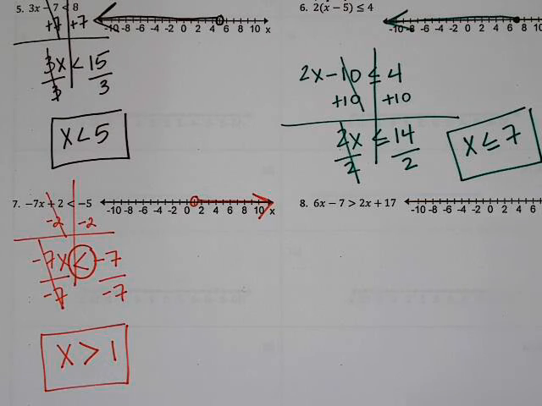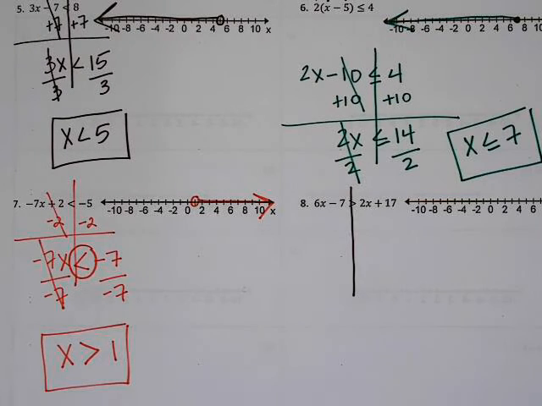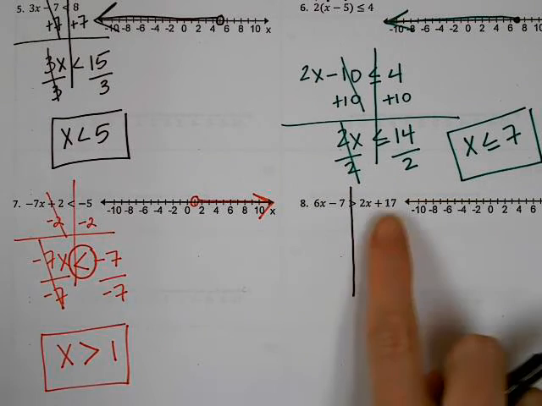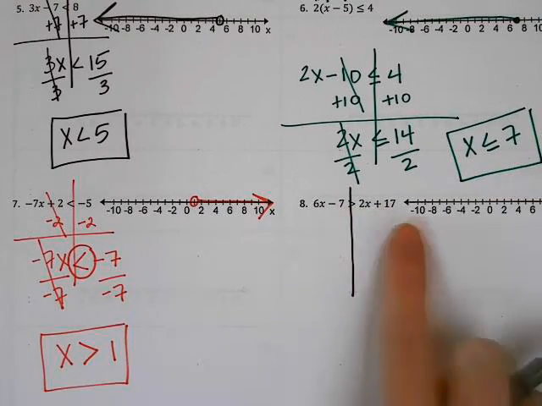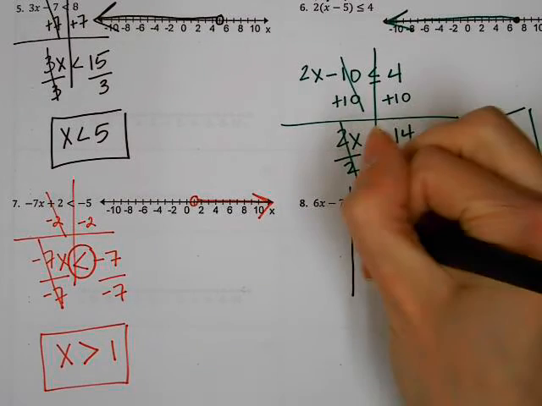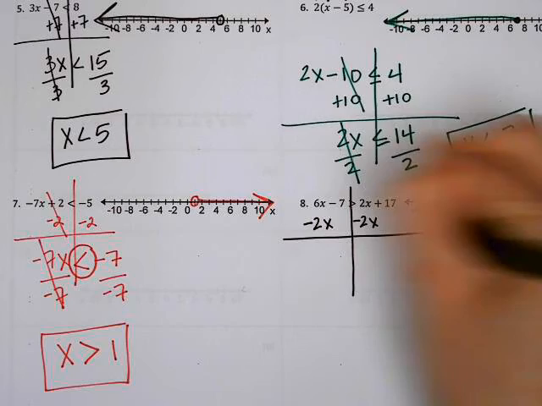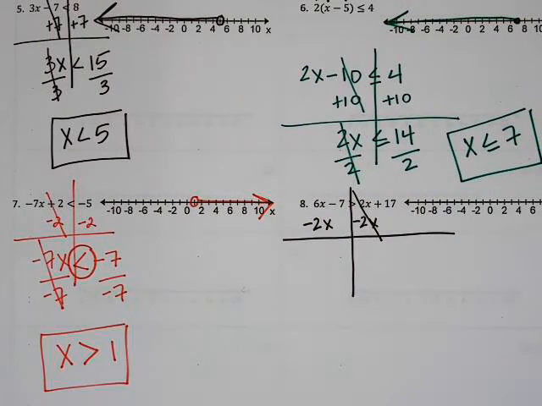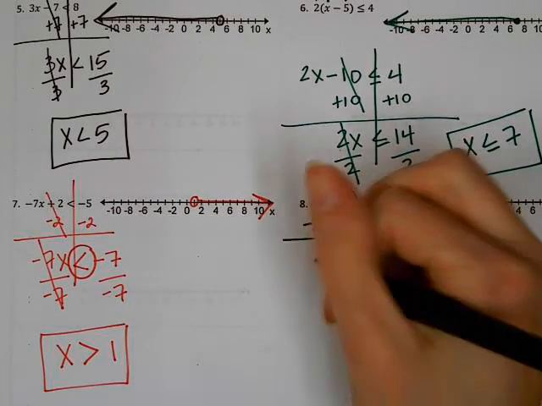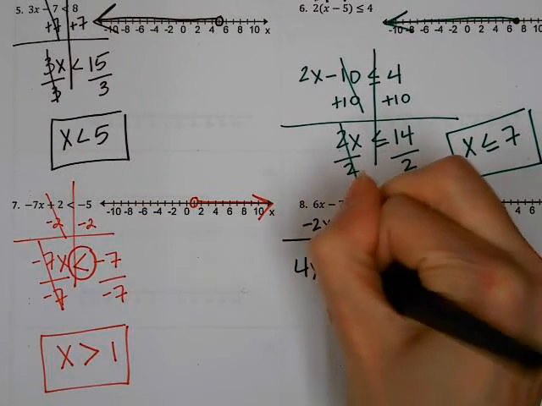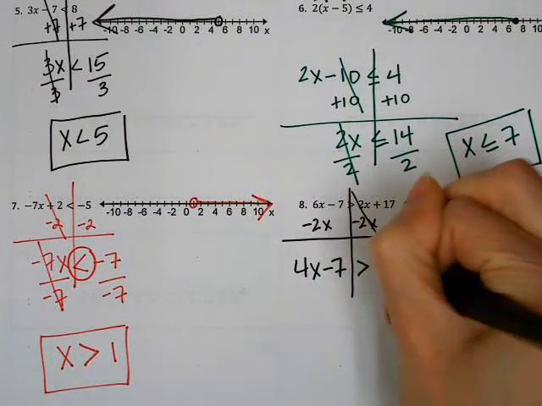All right, and then number 8, draw the wall. Now again, you have a choice. Do you want to get the x's to the left or the right? I would say most people would probably subtract the 2x to the left. And then if you do that, you have 4x minus 7 is greater than 17.